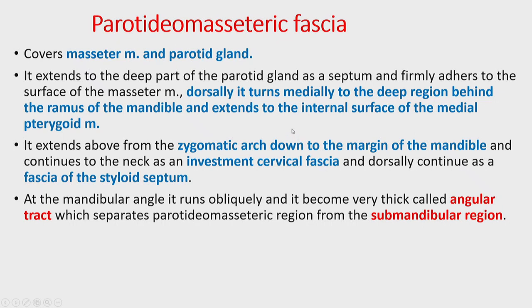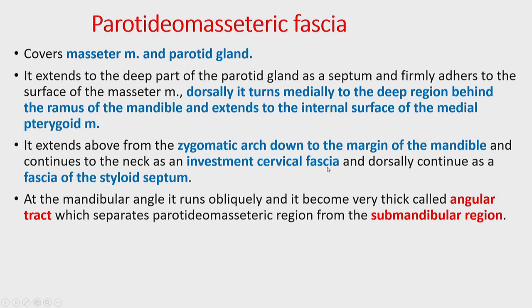It's important. This fascia superiorly, or cranially, is attaching to the zygomatic arch, and inferiorly, or caudally, it's going to the margin of the body of the mandible, and continues as an investing layer of the cervical fascia.